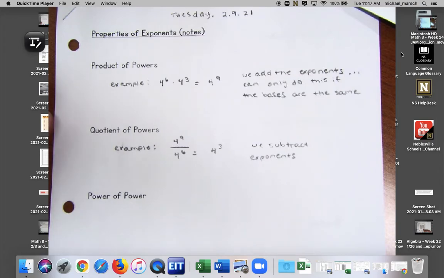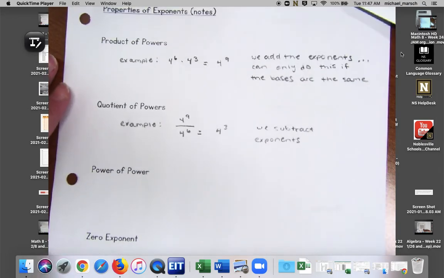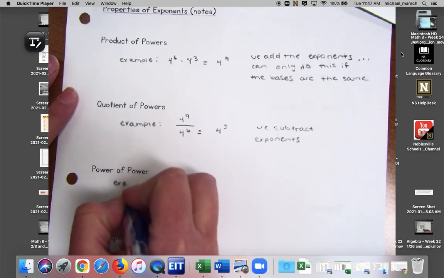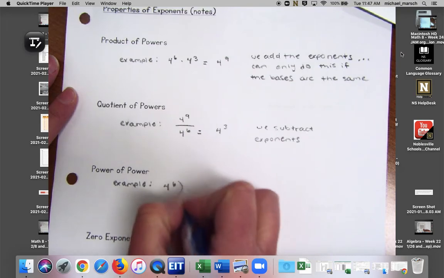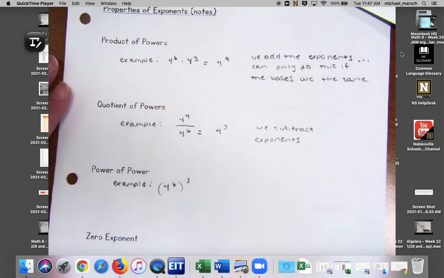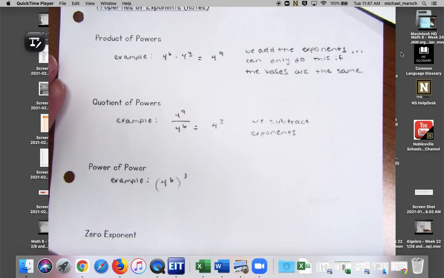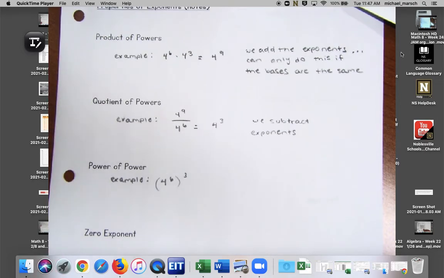Yeah? Okay, power of power. 4 to the 6th power raised to the 3rd power. Okay, what do I do here? I do multiply. Did you know that, Ava? Yeah, I'm going to multiply them.